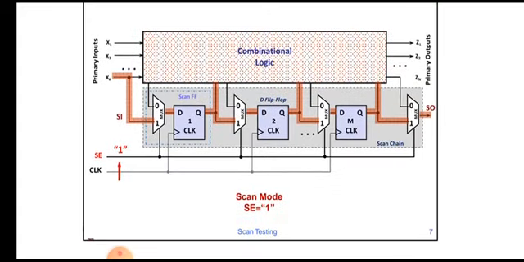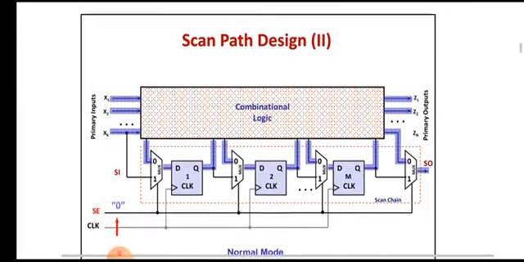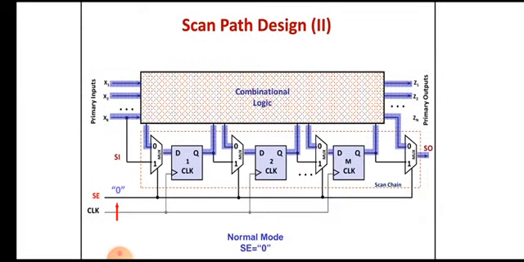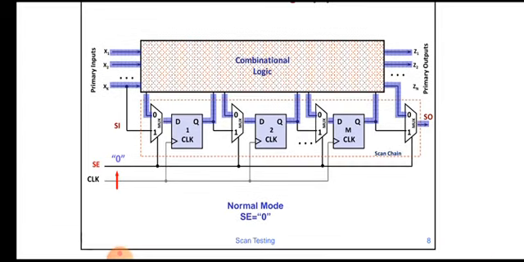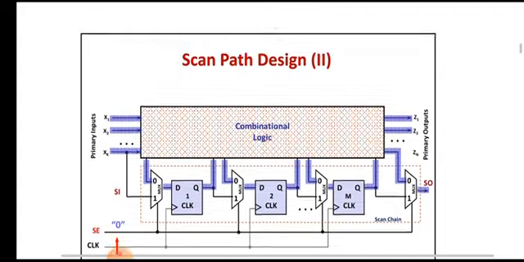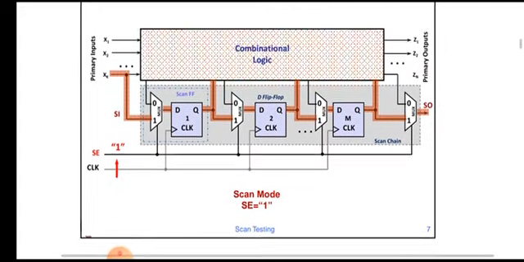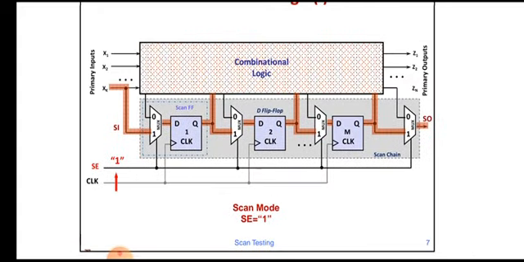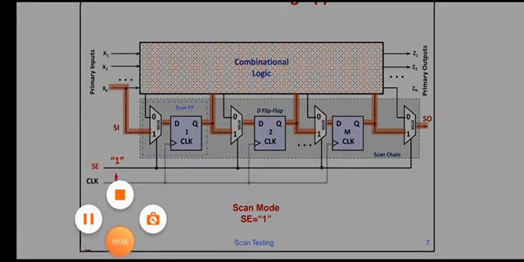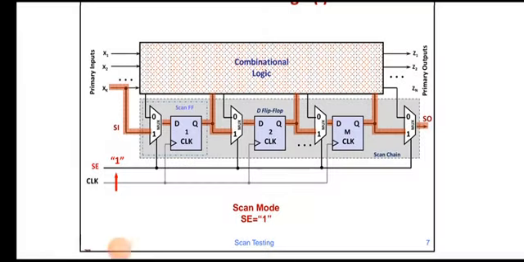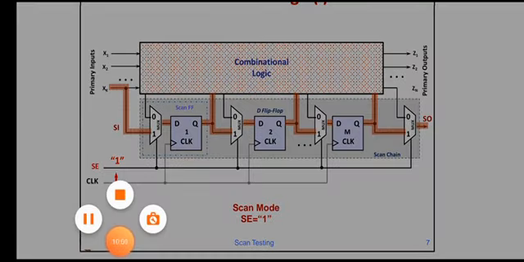Okay, we have a different phenomenon for scan enable 0, but we will discuss it later, means tomorrow we will discuss it. So tomorrow we will start with scan enable 0.